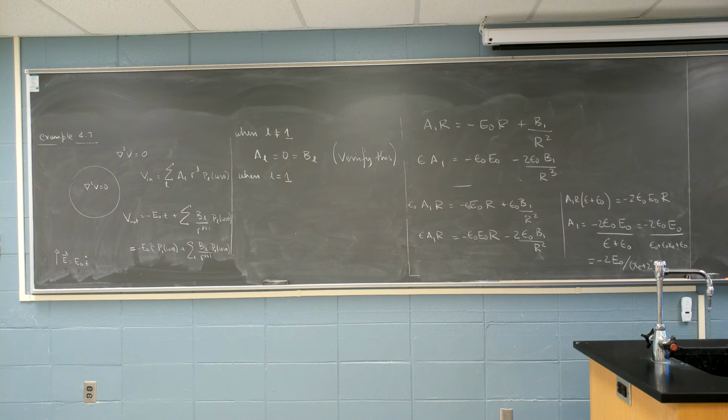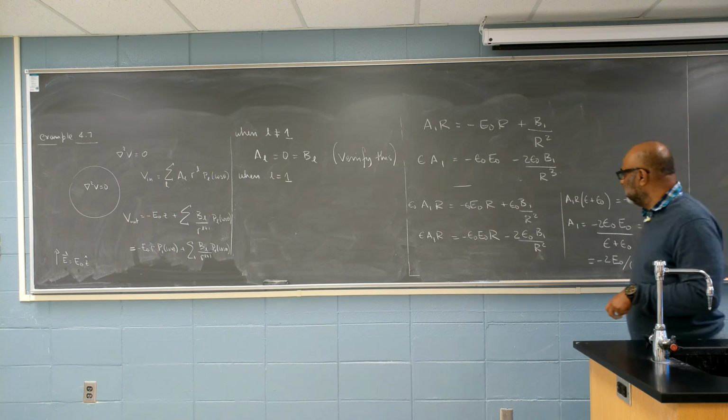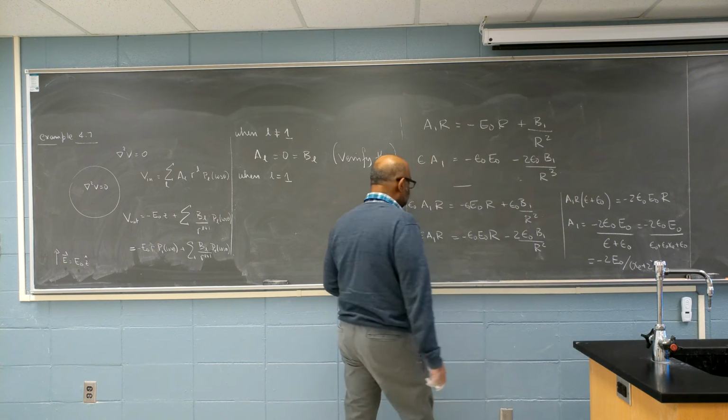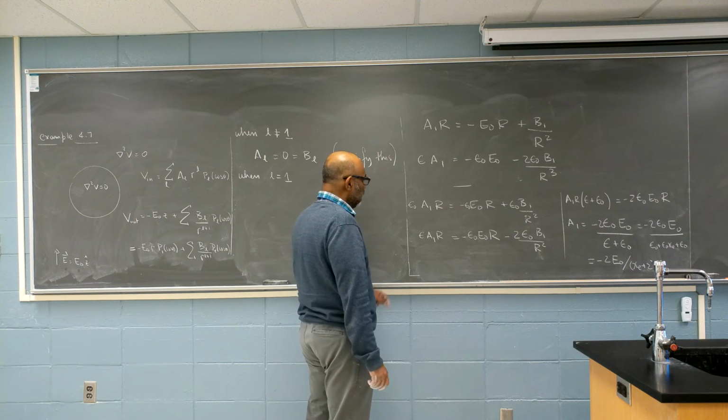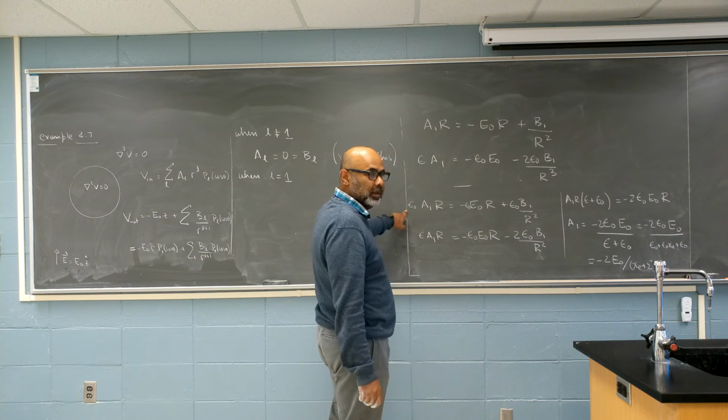I'm getting the minus is correct, this is correct, this is supposed to be a 3. Oh, we couldn't cancel those because it's 2 epsilon naught B1 over R squared, so it's multiplied by 2, and the negative makes 3.